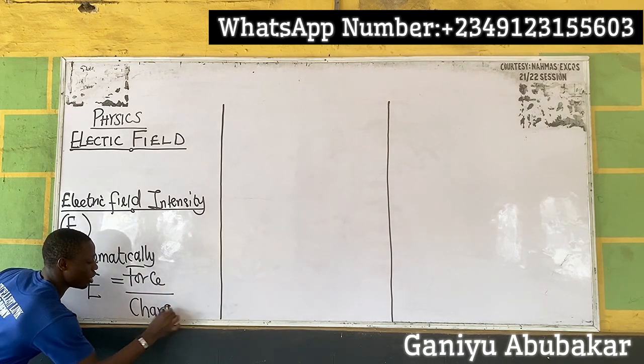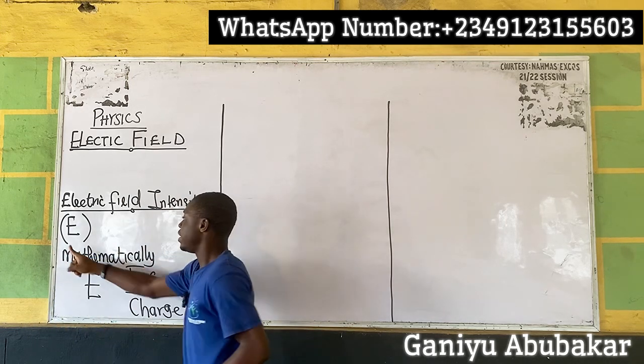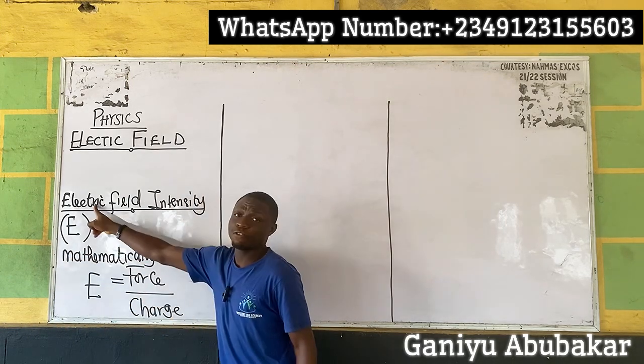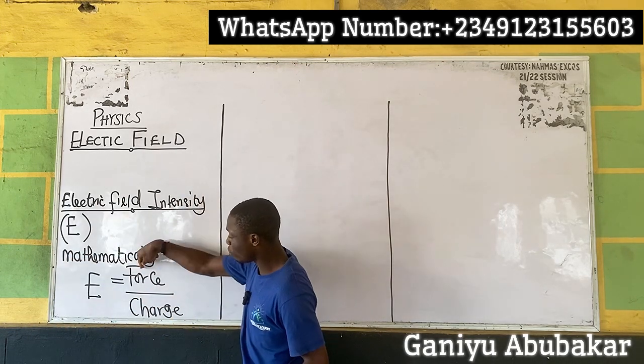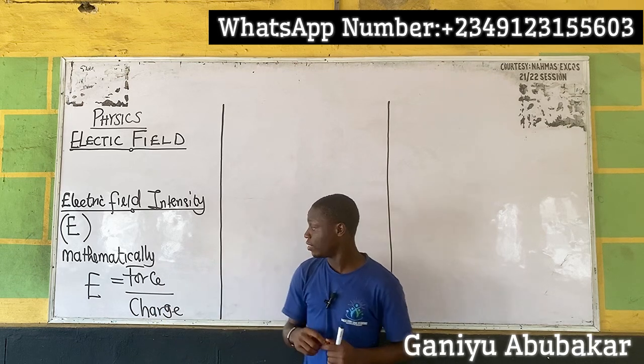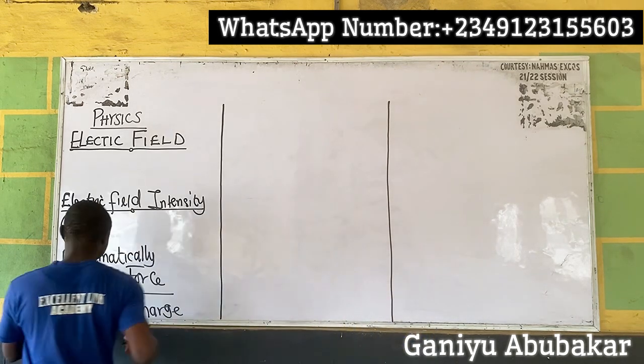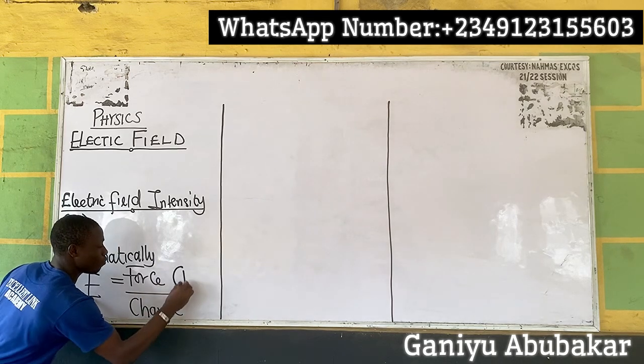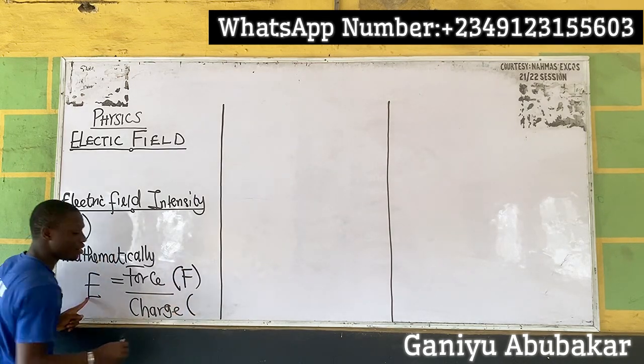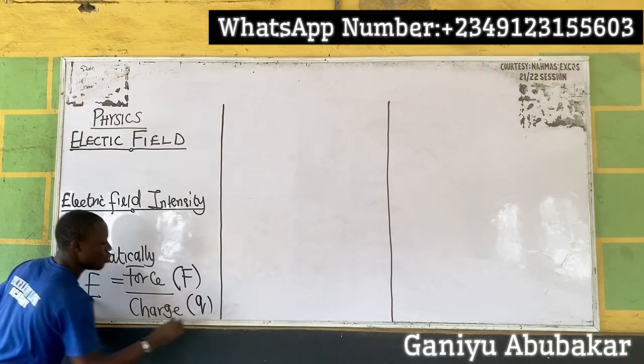So note that E stands for electric field intensity and the same ratio of force to charge, right? So by abbreviation, I can say that E is equal to force, which is of course F, over charge, which is of course Q, right?